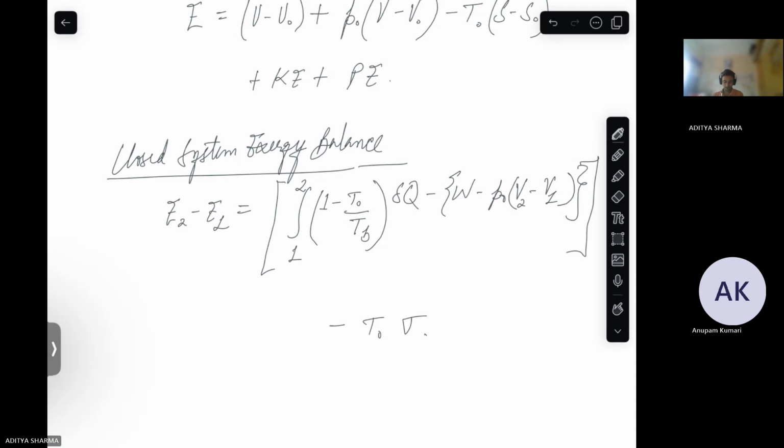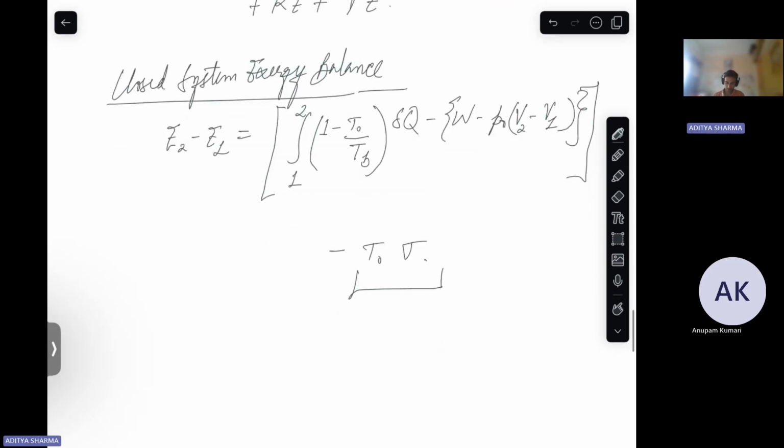So this is your exergy balance for a closed system. Here, this is for your exergy destruction because of irreversibilities. When your system is moving from state 1 to state 2, some of its potential to perform work is destroyed, and the cause for this is irreversibilities.